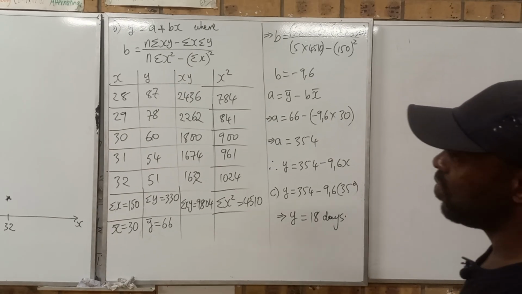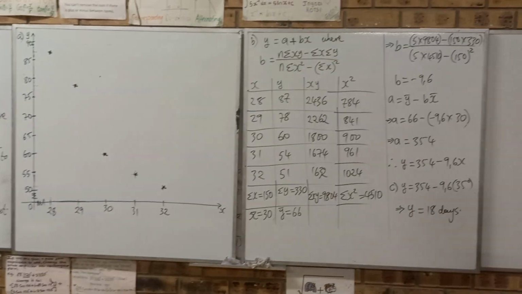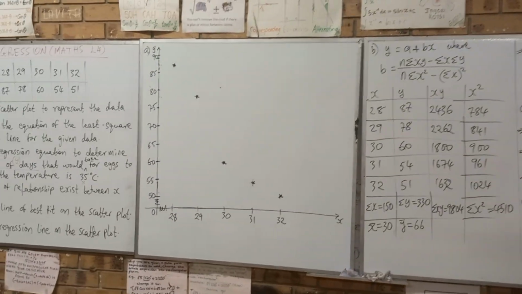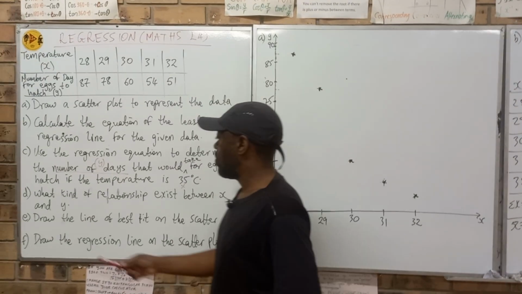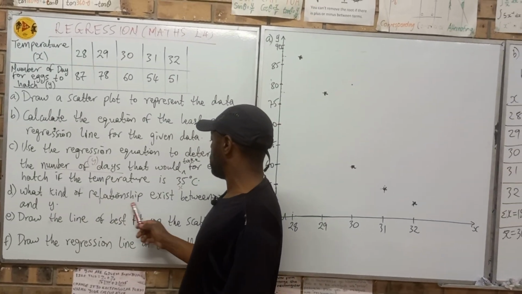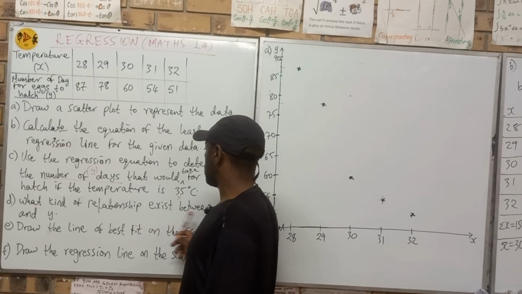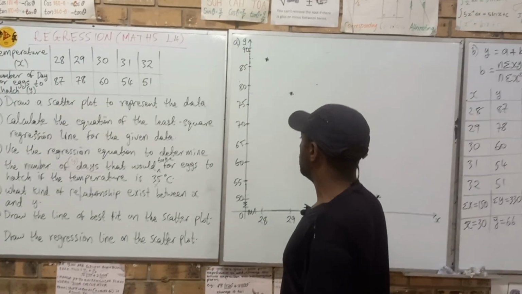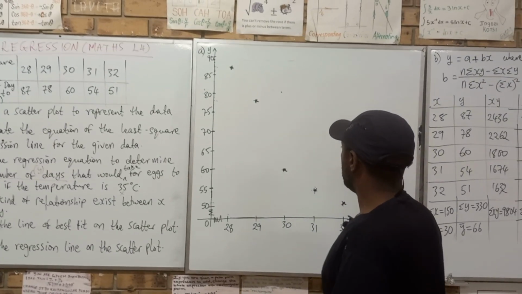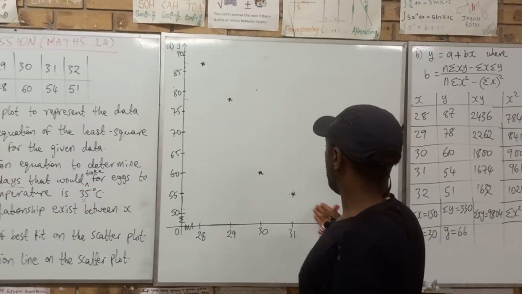So we can now go to the D part of the question, which says what kind of relationship exists between x and y. So again, to know the kind of relationship between x and y, it's easy if you already have a scatter plot.